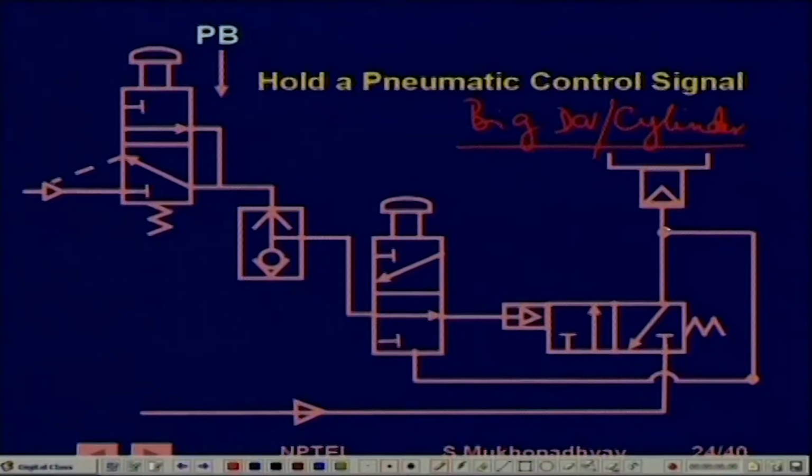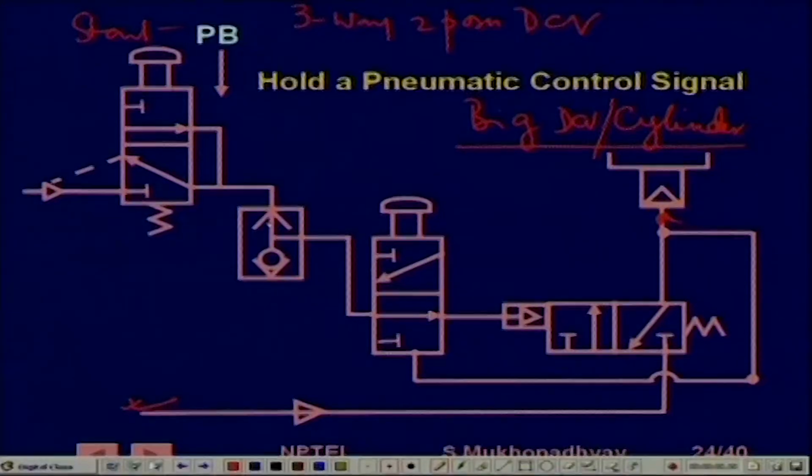So we want to apply pressure here, that is our final objective, and the pressure comes from this line. Now, you can see that this is a three-way two position valve DCV, and suppose this is the start PB. So suppose I press this.